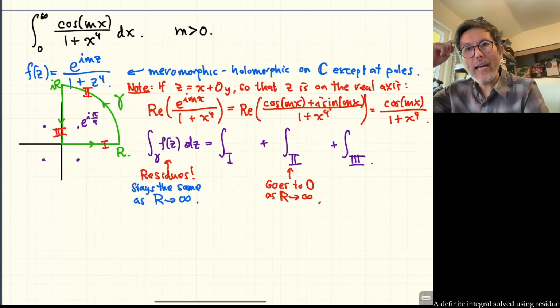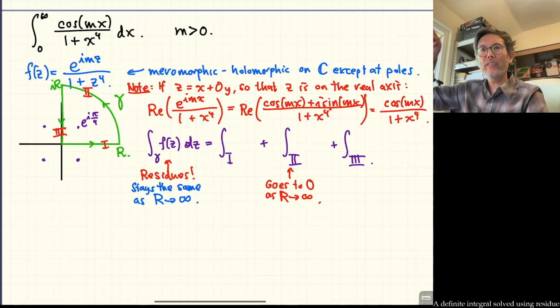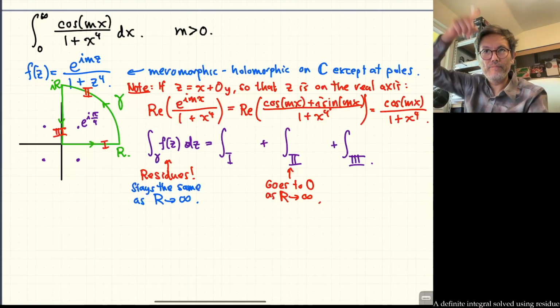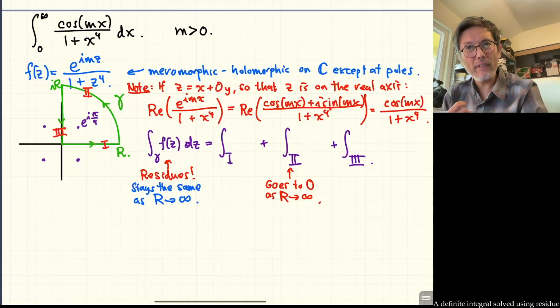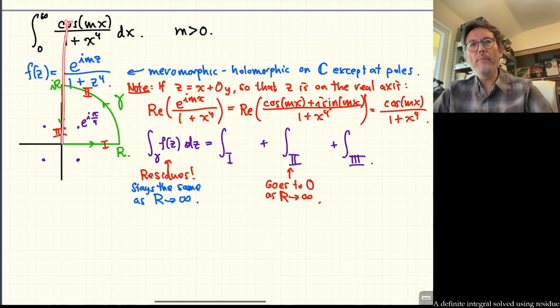The way to see that is to realize, oh, well, wait a minute. If I go out along this real axis here, e to the imz, as z is real, it's periodic, right? It stays on the unit circle. So that's not blowing up to infinity. But then what happens as I go along the vertical axis here?